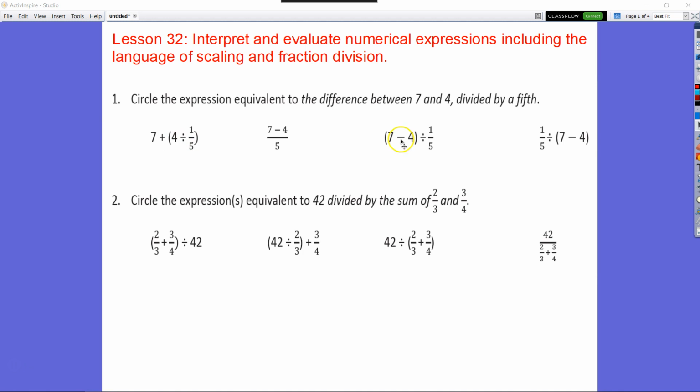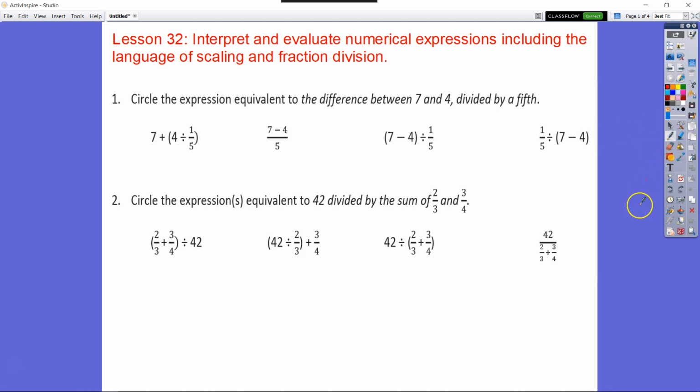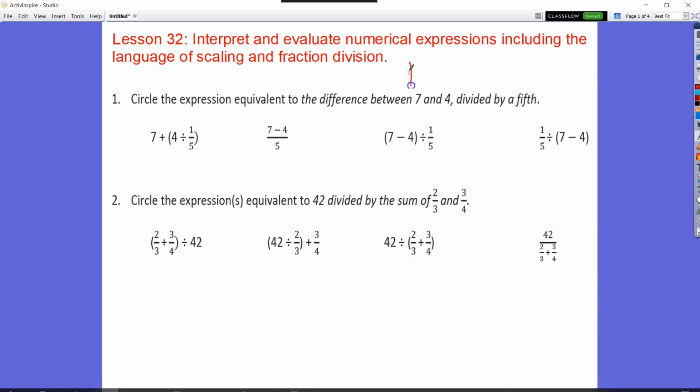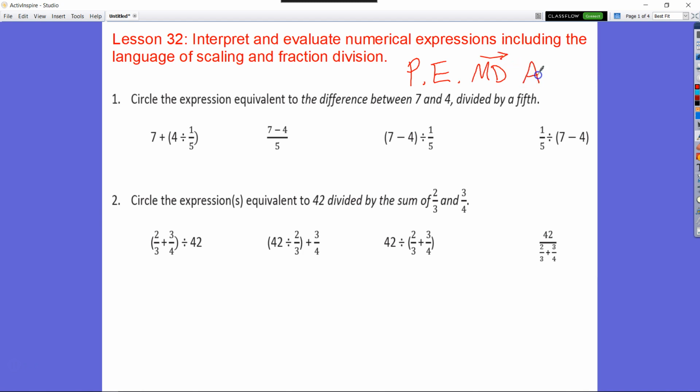The only one that does that, we know that PEMDAS tells us that we're going to do the order of operations. We're going to do whatever's in the parentheses first, then exponents, then multiplication and division as they appear from left to right, then addition and subtraction as they appear left to right.